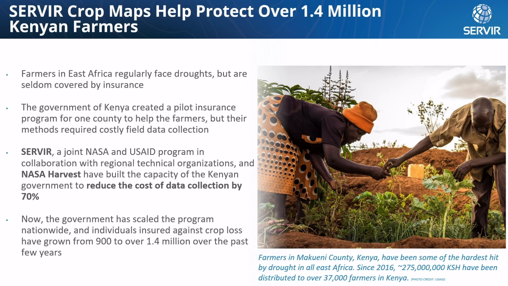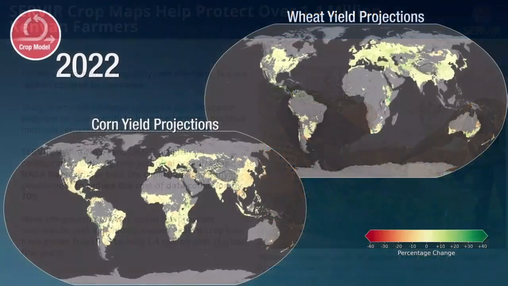There were many, many uninsured farmers, and the government wasn't in a position to address that problem. But with the kind of information coming from NASA satellites and models, the government was able to put this program in place that reduced the cost of their data collection. They no longer had to go out into the fields to collect data. They could use satellite data to solve the problem. That helped them dramatically increase the number of insured individuals.